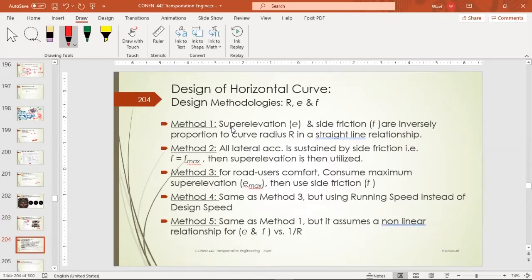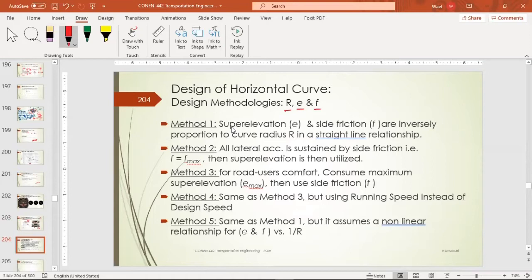Now, the design methods for horizontal curves. The design methodology, basically, we look for the radius, the E, and the F. Method 1: super elevation E and side friction F are inversely proportional to curve radius.